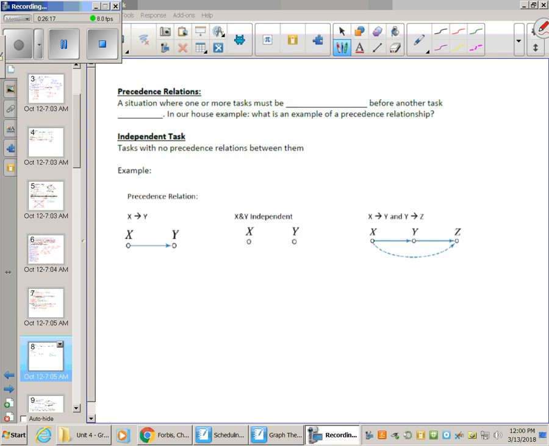And the last thing to keep in mind before we start our scheduling examples in the next lesson is what exactly a precedence relation is. You've heard me talk about that a bunch, and it seems pretty obvious, but let's give a formal definition. It's a situation where one or more tasks must be completed, they take precedence, before another task can begin.